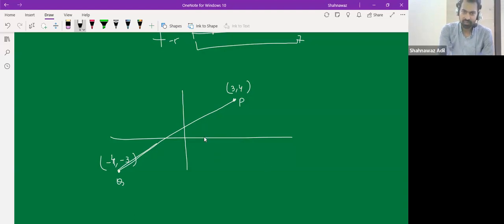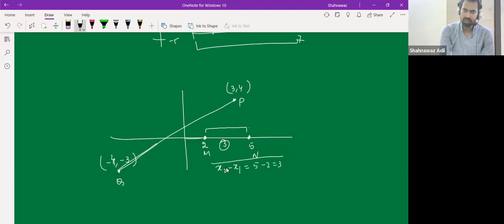If I had 2 points on the x-axis, let's say 2 and 5, the distance between these 2 points would simply be 3. So let's say this is x2 and this is x1, so x2 minus x1, which is 5 minus 2, which is 3.